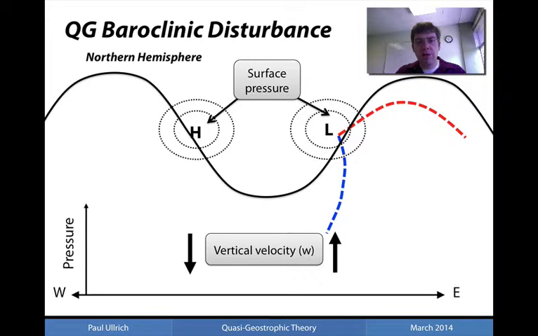Looking at this along a vertical cross section, recall the surface low is responsible for driving convergence of the ageostrophic wind at the surface and consequently drives an upward vertical velocity above the surface low. So convergence at the surface then leads to an upward velocity due to incompressibility.